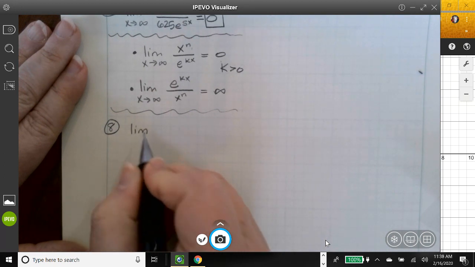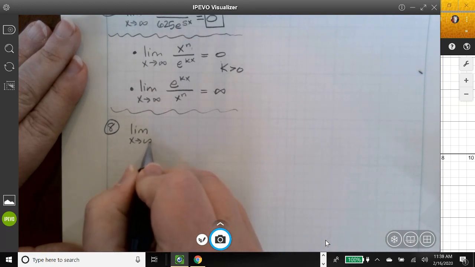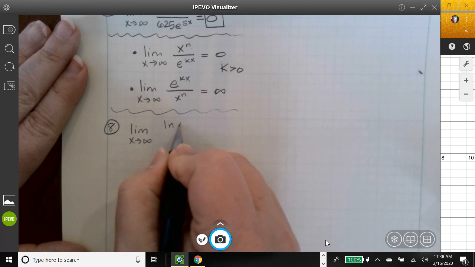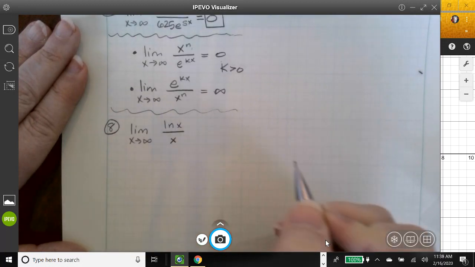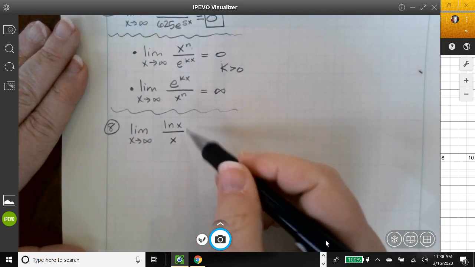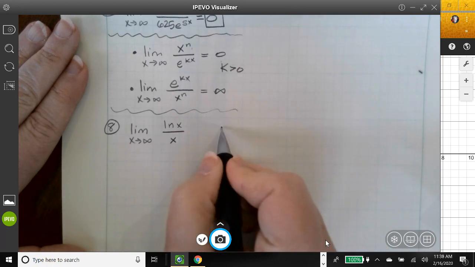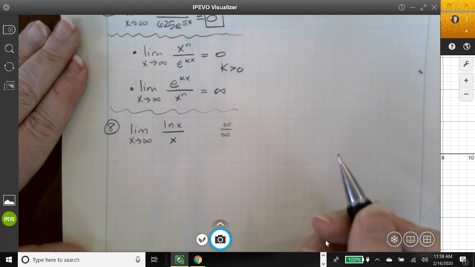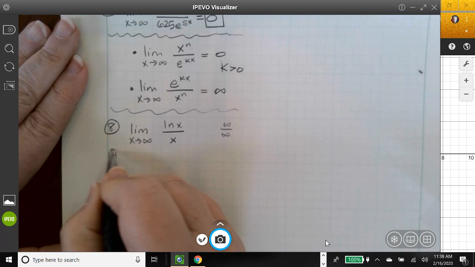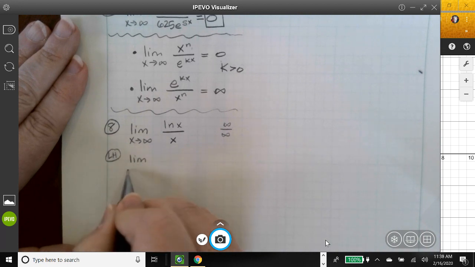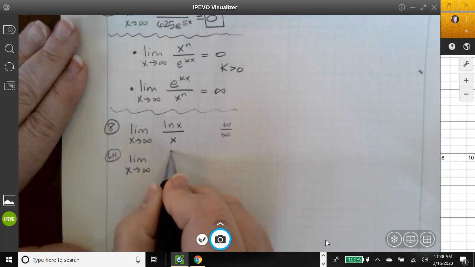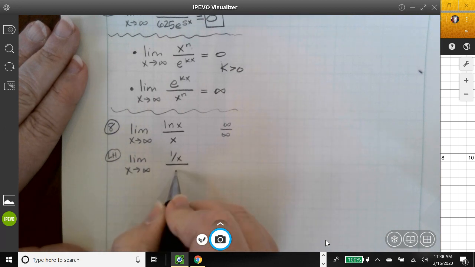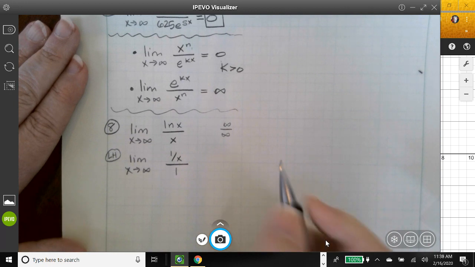The limit as x approaches infinity of the natural log of x over x. Well, both of these functions, as x gets really large, go to infinity. So this is infinity over infinity. And I can use L'Hopital's rule here. I take the derivative of the numerator, which is 1 over x, over the derivative of the denominator, which is 1.